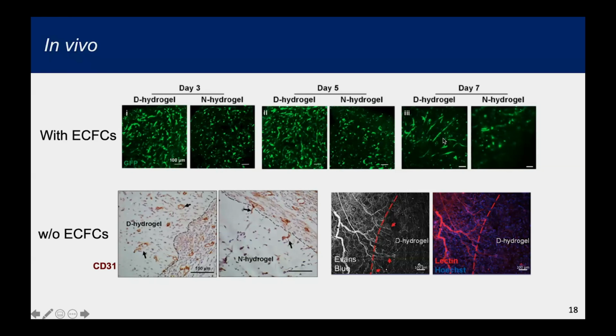We can also see, when we inject the hydrogels subcutaneously with no cells, that they encourage angiogenesis, with CD31 positive cells in the dynamic hydrogels, which we could barely find in the non-dynamic hydrogel. And if we found them, they would typically be at the interface between the tissue and the hydrogels. By injecting Evans blue or lectin into the tail vein, we also confirmed the functionality of those angiogenic vessels.